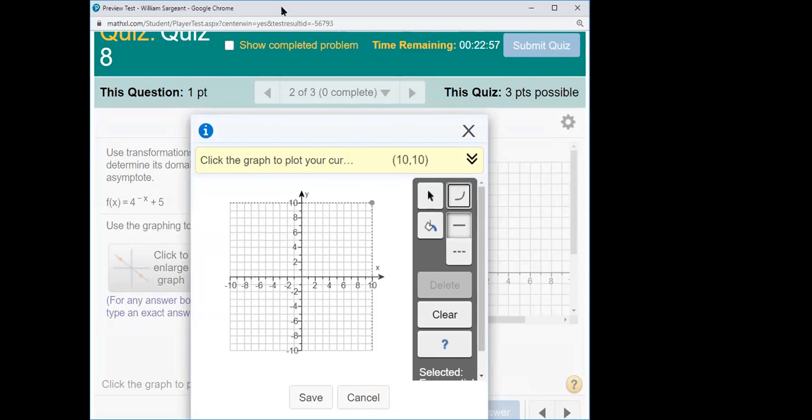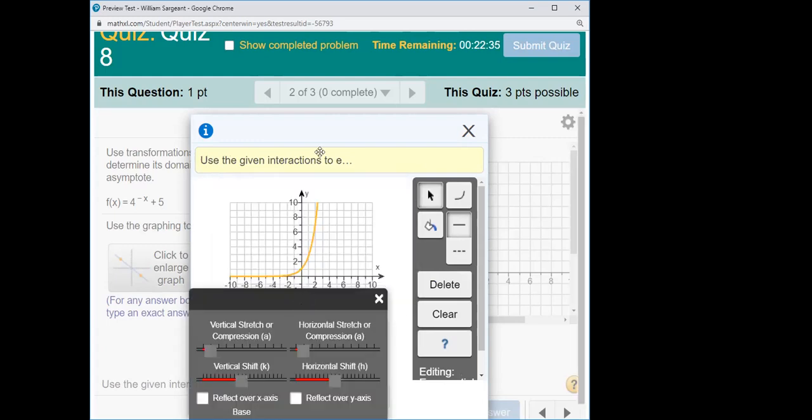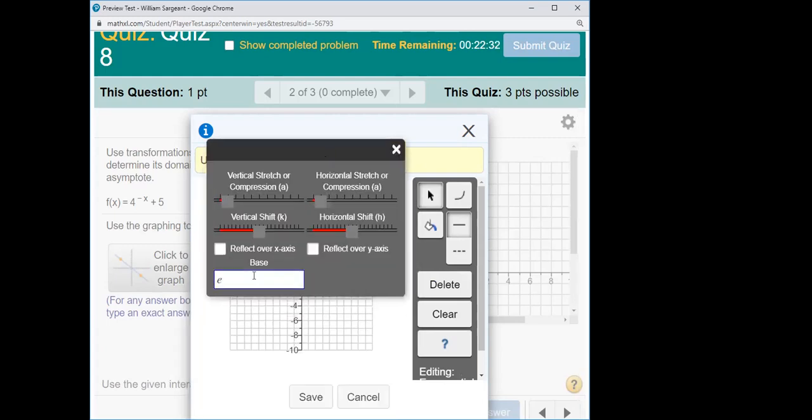And I apologize, this one does let us put in the values. Okay, so (0, 6). Here we go. All right.